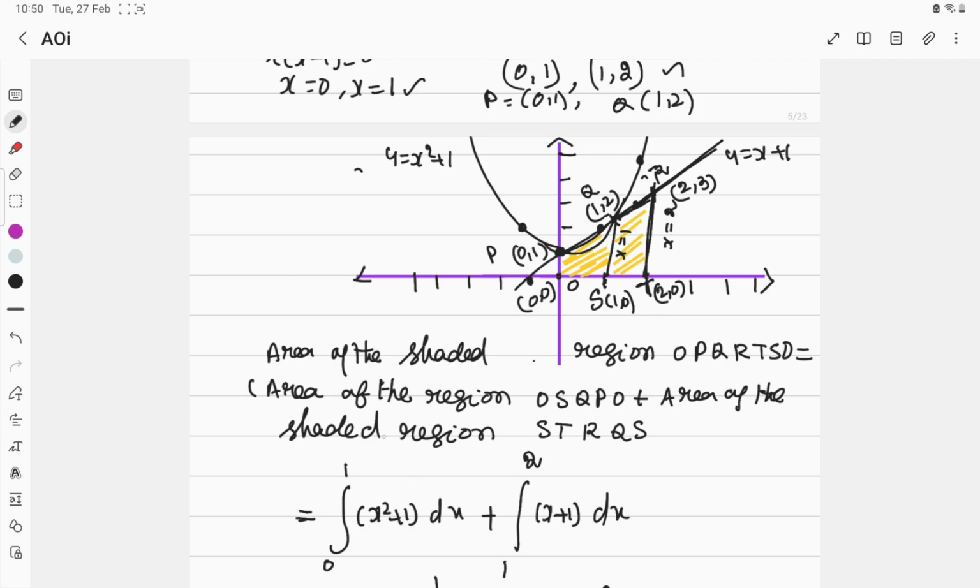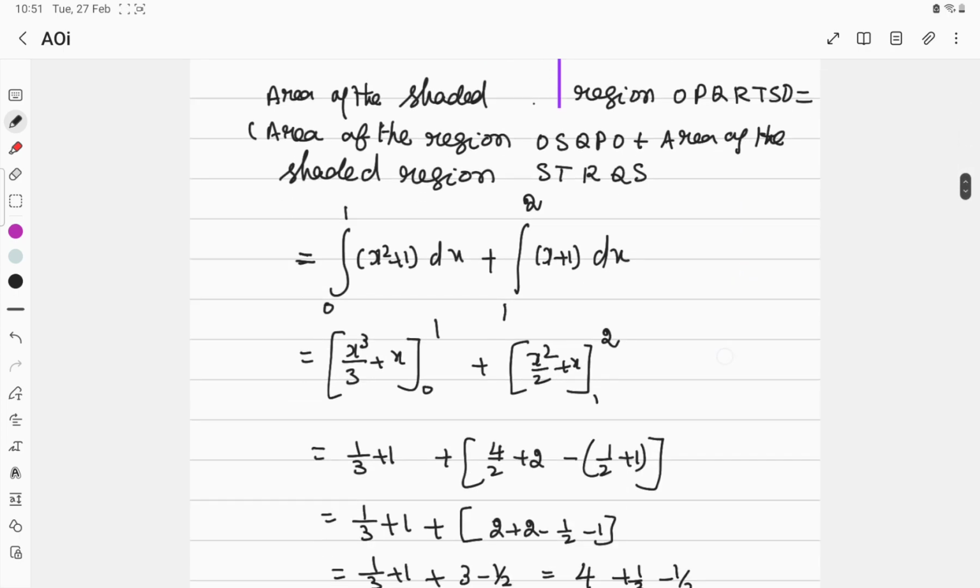So this is equal to the area of the region O, S, Q, P, O, this portion, plus the area of the shaded region S, T, R, Q, S. So this is the integral from 0 to 1 of x square plus 1 dx plus the integral from 1 to 2 of x plus 1 dx.